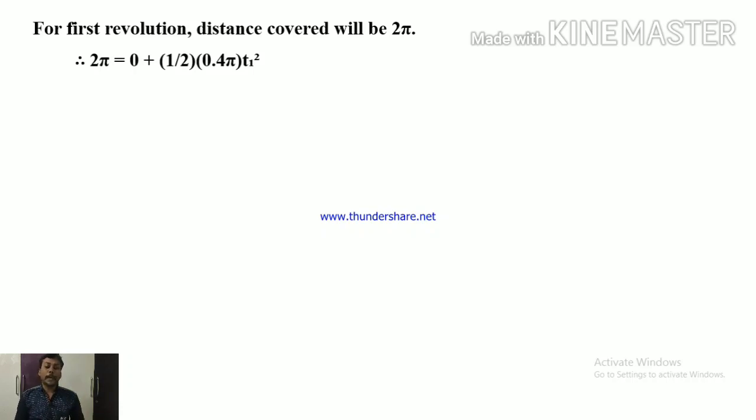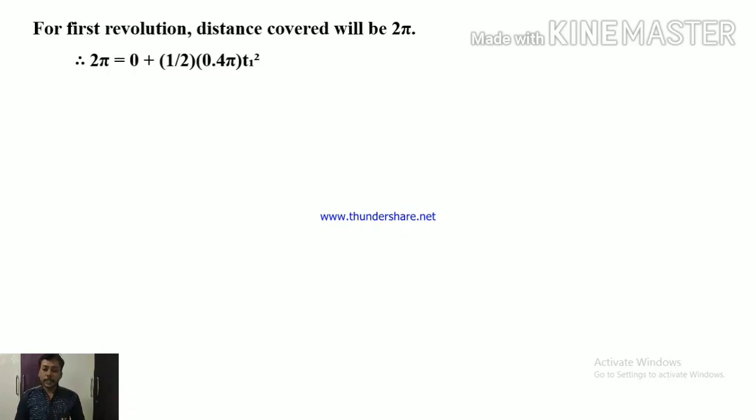So 2 pi is equal to 0 into t, that is 0, plus 1 upon 2 into 0.4 pi into t1 square. What is t1 here? t1 is the time required for the first revolution. And how do we get this equation? This is the equation for theta, theta is equal to omega 0 t plus half alpha t square. The same equation is used here.